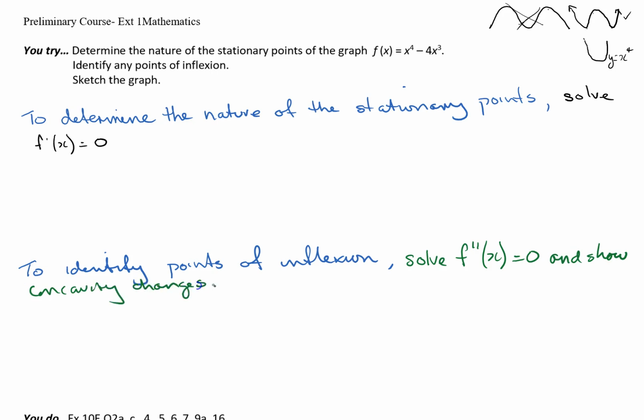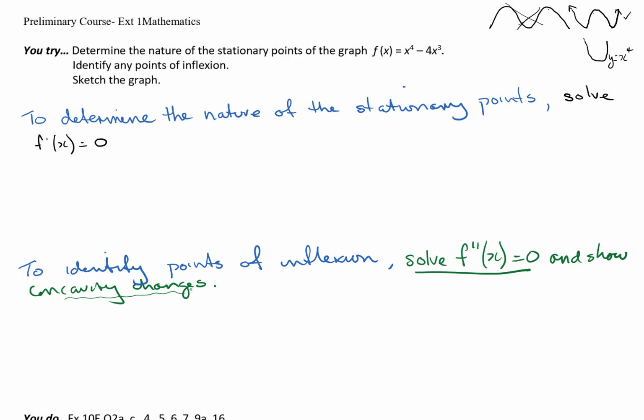Please do not be satisfied to stop after that. It's what most students do, and they lose marks for it. So be aware. I made this my first point when I introduced identifying points of inflection, because it is critical that you do it.